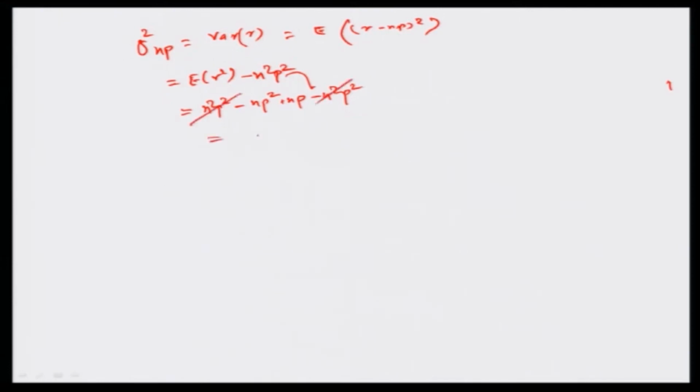So, the n square p squares cancel each other and we are left with n p times 1 minus p.